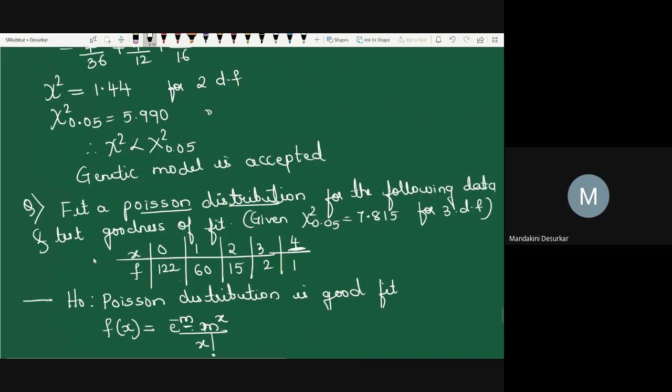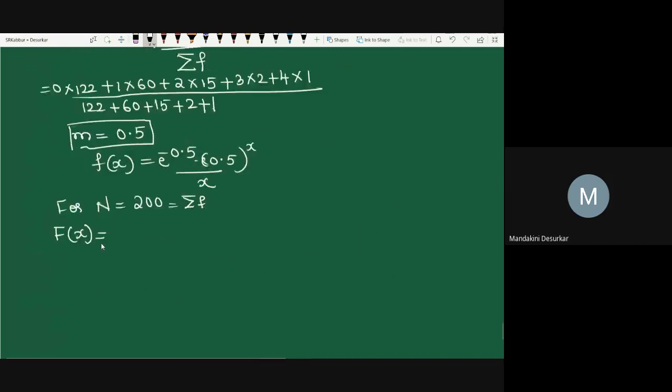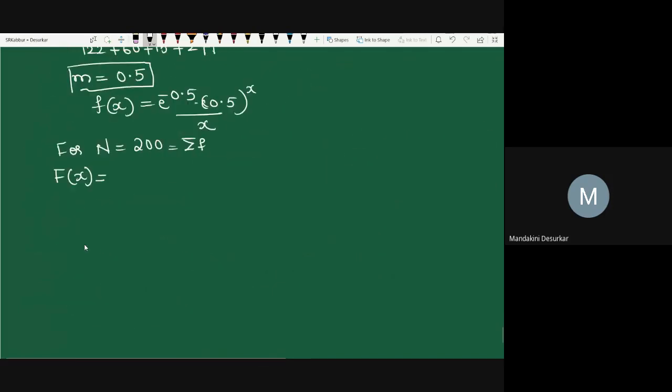These are my observed values. What is expected with Poisson's distribution? It is n into f of x, which is 200 into e raised to minus 0.5, 0.5 raised to x. Put this in your calculator and tell me what you get.